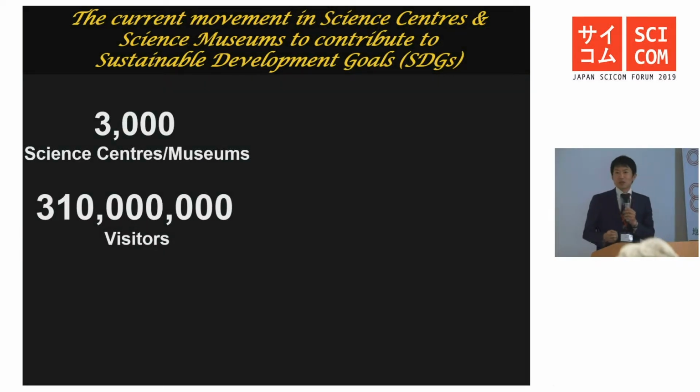That means when science centers worldwide collaborate, we have the potential to influence more than 300 million people. Imagine, this number is more than twice the population of Japan and comparable to the entire population of the United States. Imagine the potential.